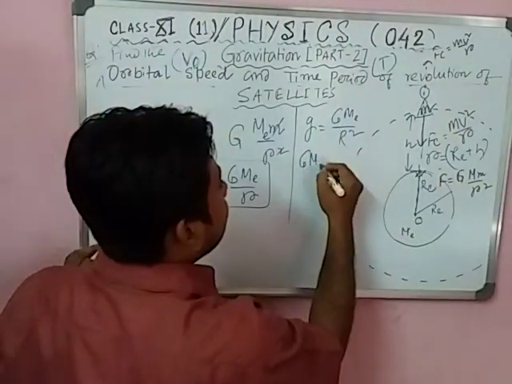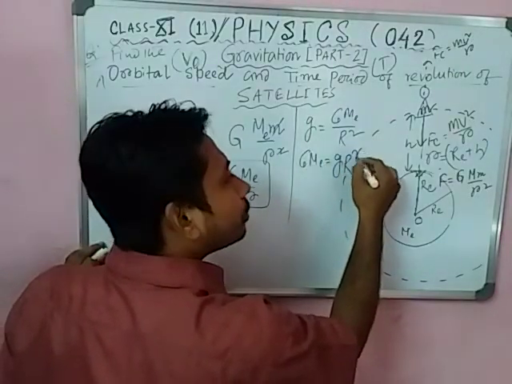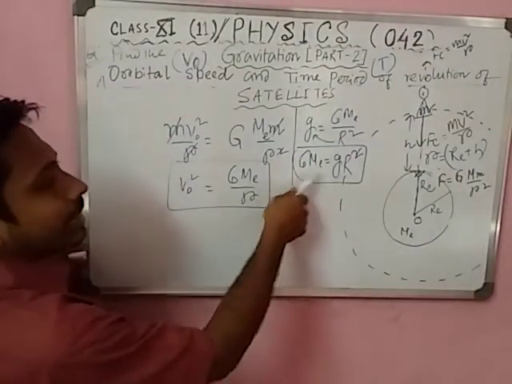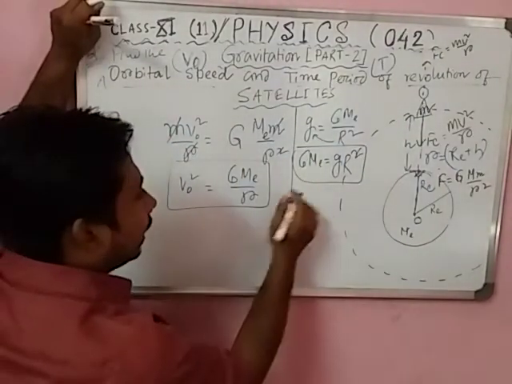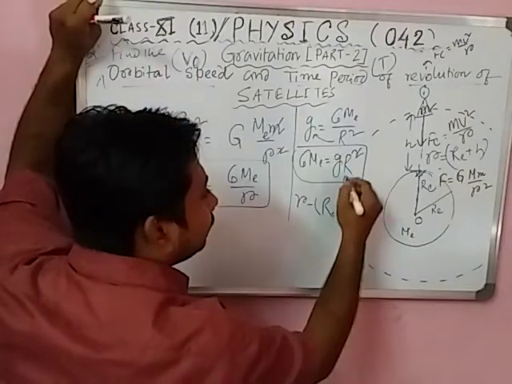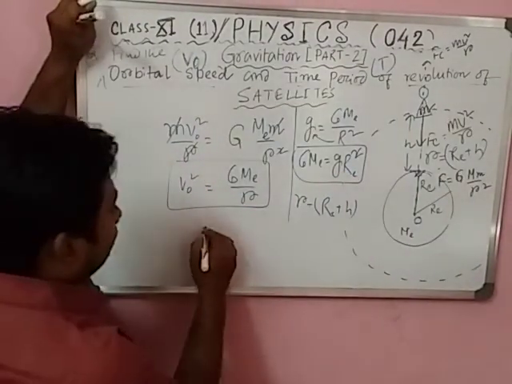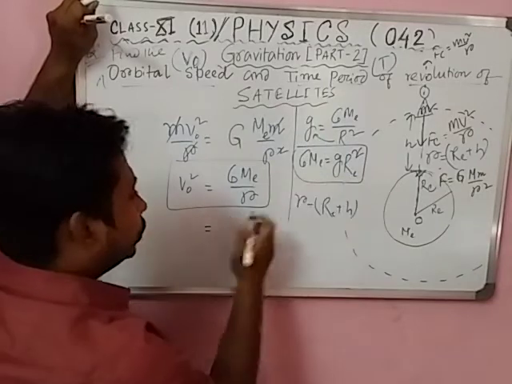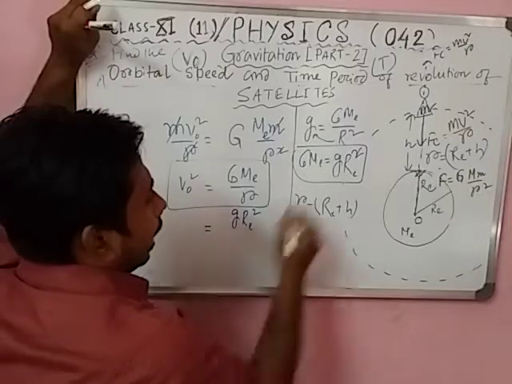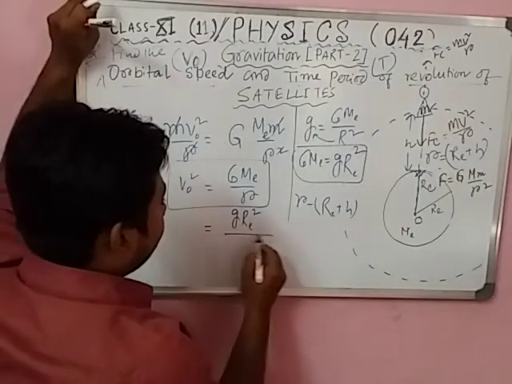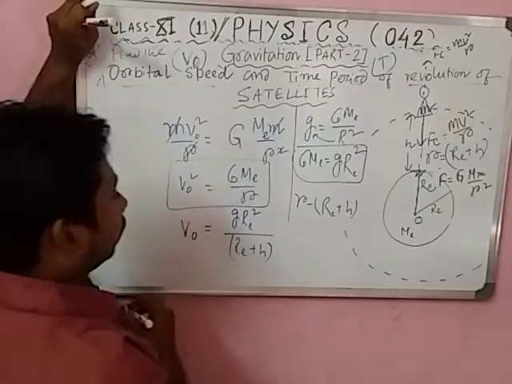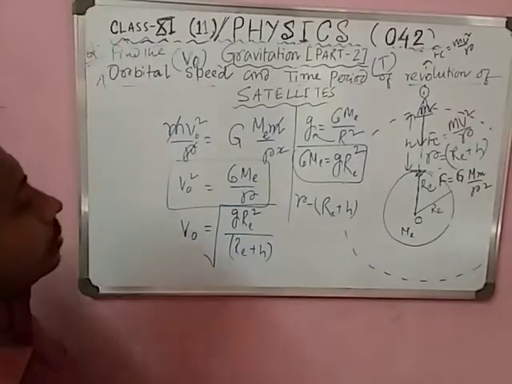So capital G Me is equal to g Re square. With r equal to Re plus h, in place of G Me we put g Re square. So v0 equals root over of g Re square by Re plus h. This is called the orbital speed.